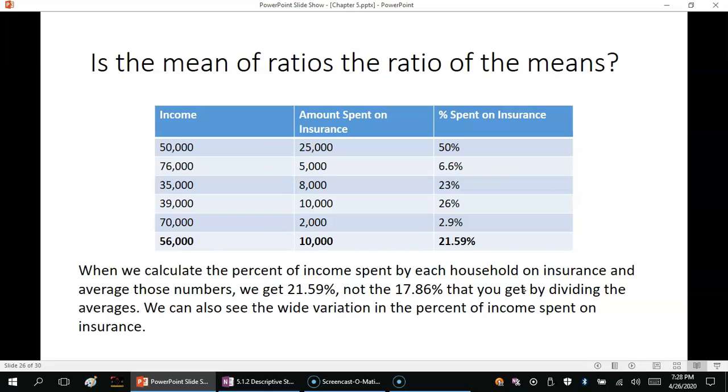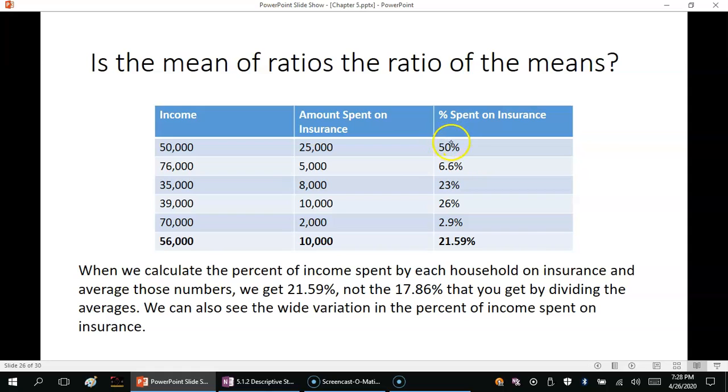If I can come up with samples where it doesn't work out that way. So let's say that I have these 5 incomes, which do average out to the $56,000 that I started with, and I have these amounts spent on insurance, which come out to an average of 10,000, like I started with.